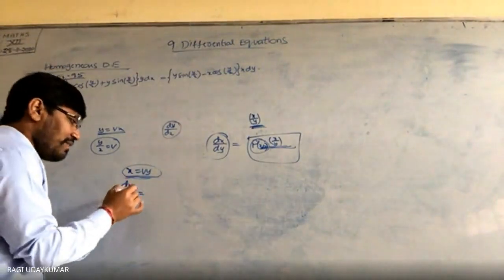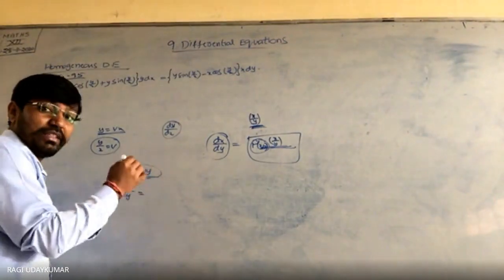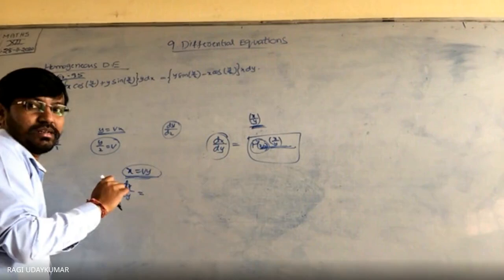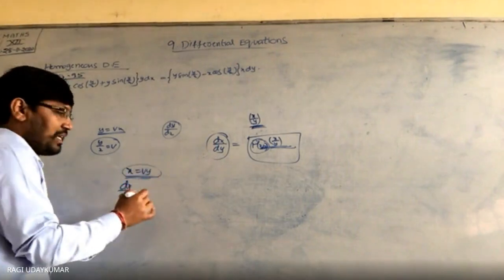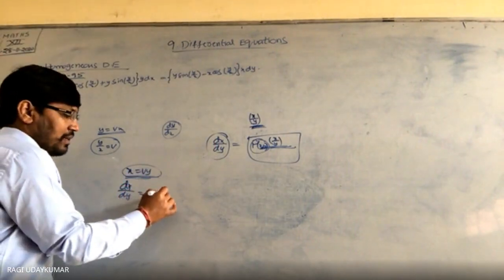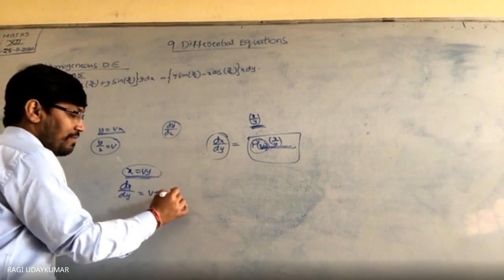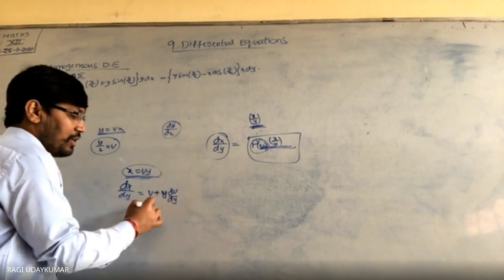So dx by dy, differentiating with respect to y, is v plus y dv by dy.